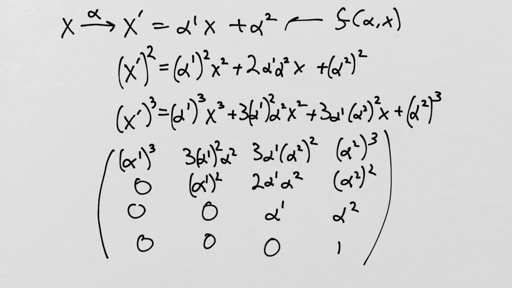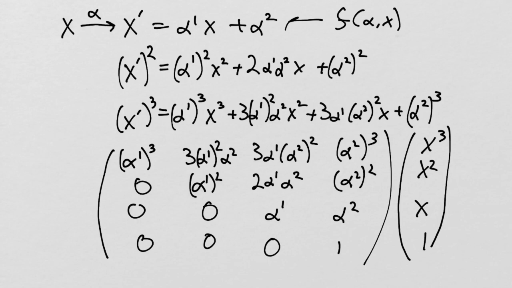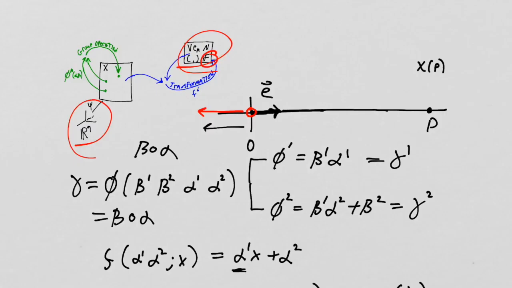If I wrote down this matrix, which is 4 by 4, and here instead I created the matrix x cubed, x squared, x, and 1, I'm going to use it to represent, I guess that's the right word, it's a representation, any given shift and scaling, right?